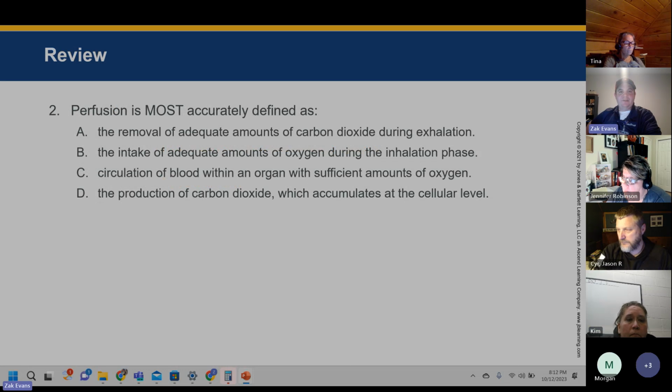Perfusion is most accurately defined as: A, the removal of adequate amounts of carbon dioxide during exhalation; B, the intake of adequate amounts of oxygen during the inhalation phase; C, circulation of blood within an organ with sufficient amount of oxygen; or D, the production of carbon dioxide which accumulates at the cellular level.